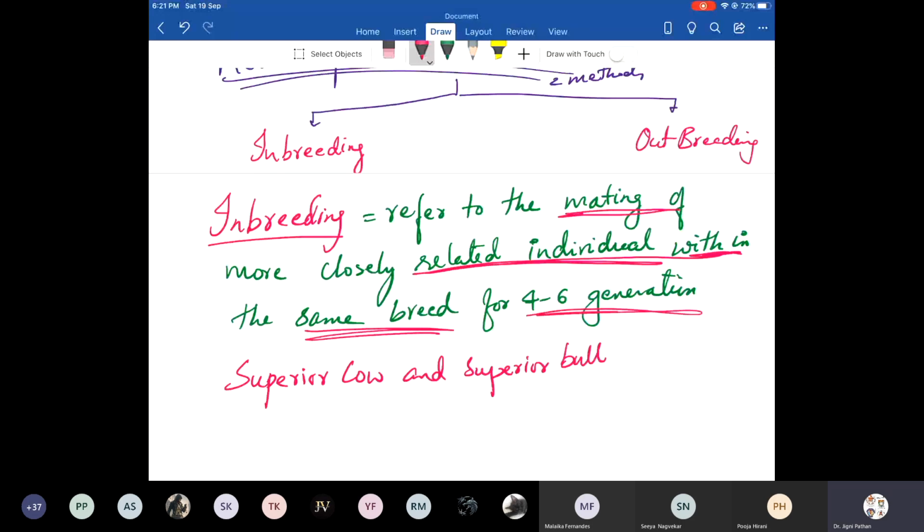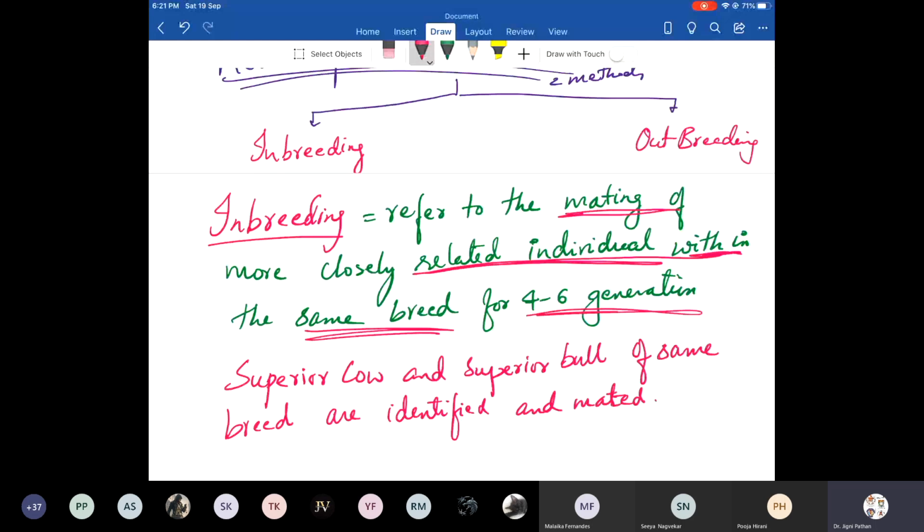This selection of animals is happening in the same breed. In the same breed, you select a superior cow and a superior bull of the same breed, they are identified and mated. I hope everybody knows what mating is. If not, you can ask me.